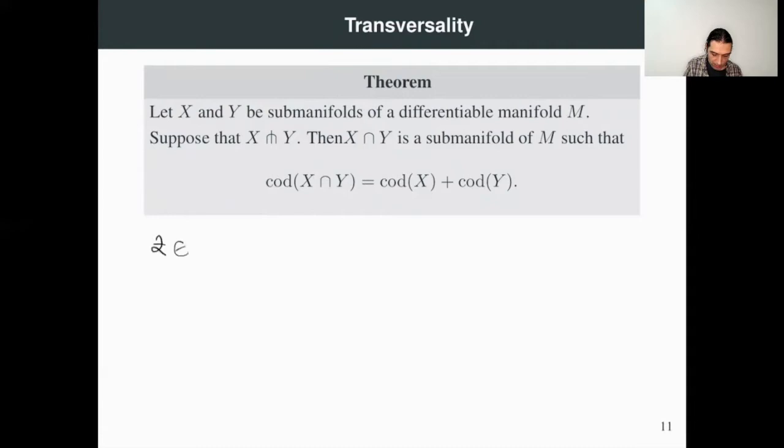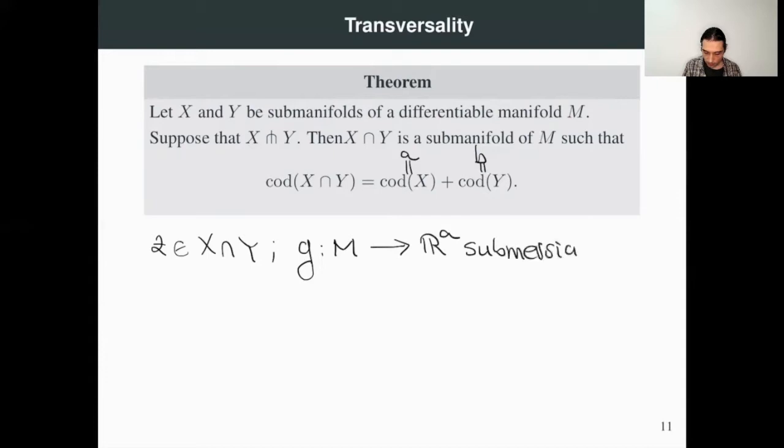Consider a point C that belongs to the intersection of X and Y. In order to simplify our setting, let's denote by A the codimension of X and by B the codimension of Y. What happens here is that because of our construction, there exists a map G from a neighborhood of C in M to R^A such that it is a submersion, and that satisfies that locally the preimage of 0 is equal to X.